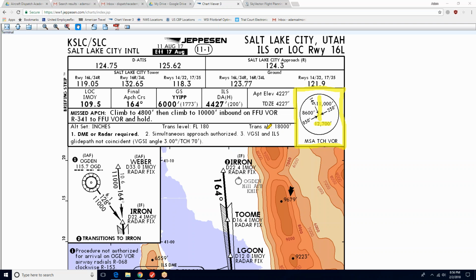Well, you probably need to know at least the minimum altitude you're going to want to be at to clear all obstacles, especially if you don't have an idea where you're at and you can't talk to anybody.